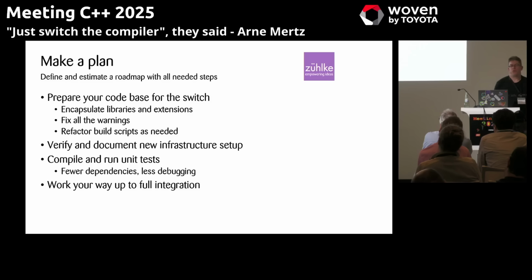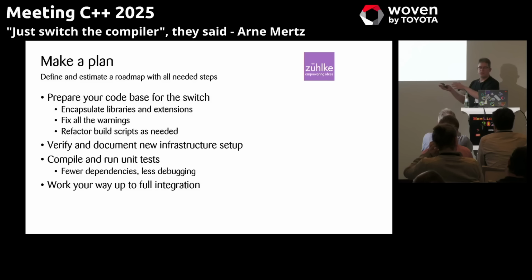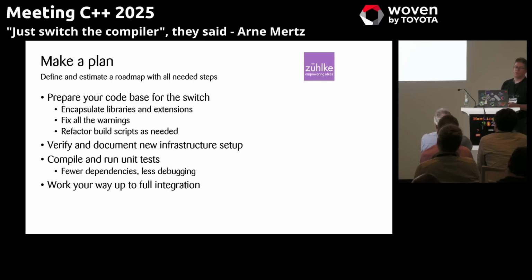So prepare your code base for the switch, maybe figure out where do I call all these library and system headers, and maybe reduce those instances to a few instances, like encapsulate everything away in a system wrapper or something like that. Can be feasible. Encapsulate them so you'd only have to fix those encapsulations and not everything in your code base.